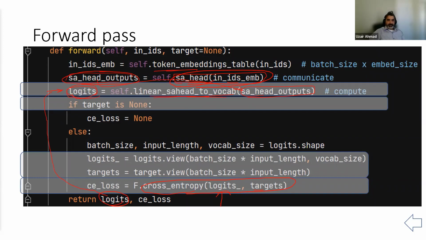Are we comfortable with the forward method? From our previous discussion, may I remind you what is happening here?